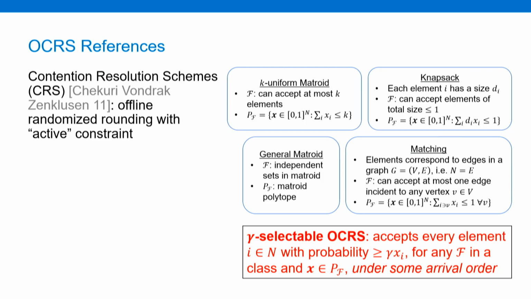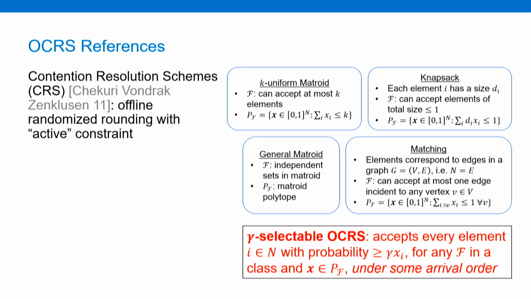So this paper introduced the notion that for each element, you can't just freely round it up or down. Basically, you first see whether each element is active independently with probability x_i. But you see all the elements. And then, seeing all the elements, you can choose, let's say, the independent set that is feasible. But you're still trying to satisfy this guarantee in expectation.